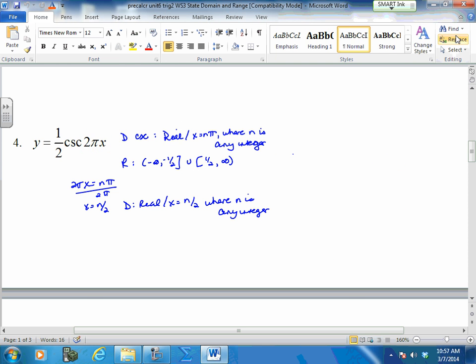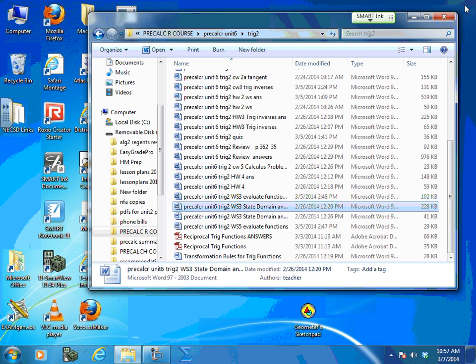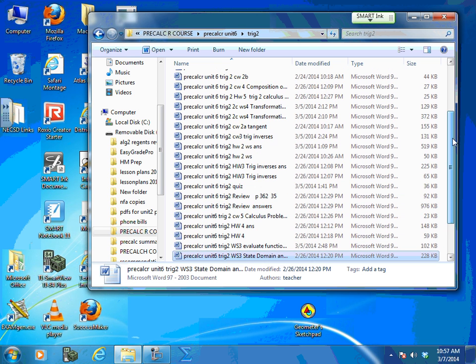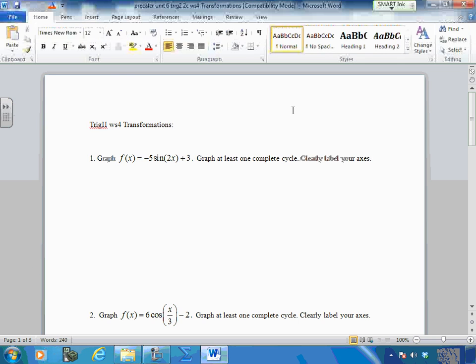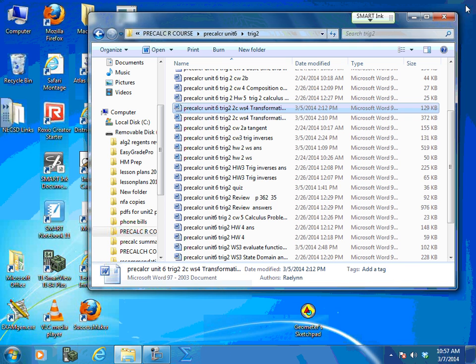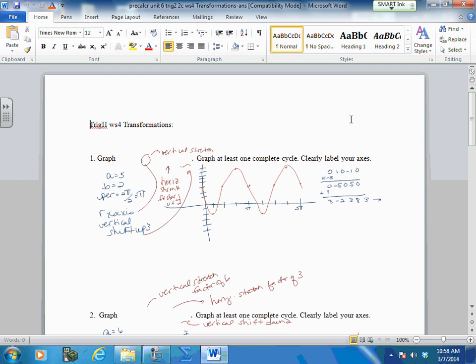Okay. All right, your next one. You had one more, transformations. Now I want the transformations listed on this. If you can graph it, all the better, but I want the transformations listed.